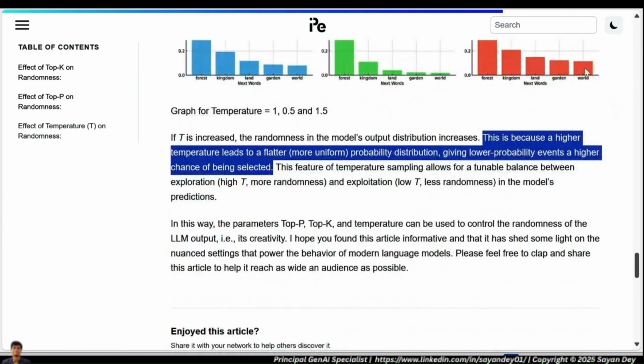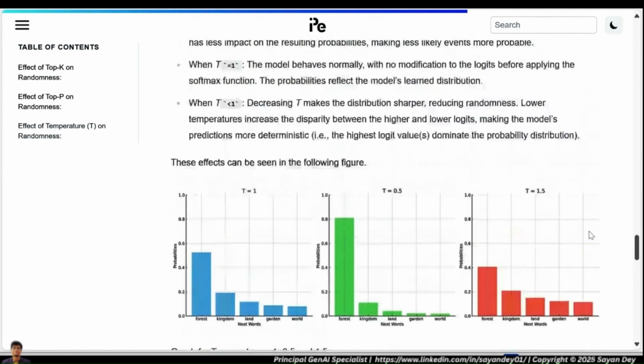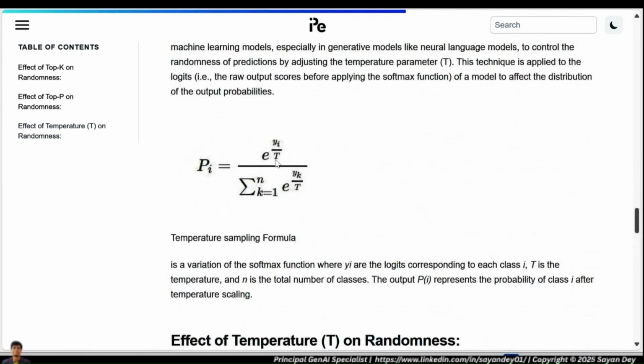That is how we are able to introduce more variability through temperature. Mathematically, this is the softmax activation function. The output probability is predicted using softmax. Some of you coming from deep learning might know softmax activation: e to the power x divided by the summation of e to the power x.